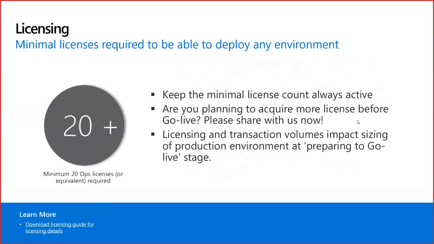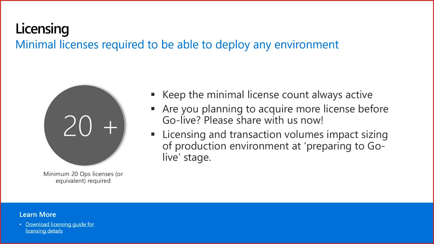We also want to pass on the information about the licenses: there is always a minimum of 20 operation seats. You need to keep at least the minimal license during the life of your implementation in order to not jeopardize your environment. If this doesn't happen, you will not be able to deploy environments. Also, we ask if you're going to get additional licenses.